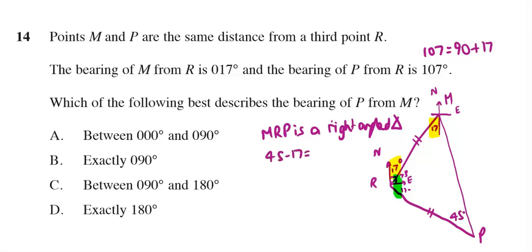Just note 45 minus 17 is 28. So this one in there is 28. So the bearing of P from M must be 180 less 28 equals 152. The answer is C.